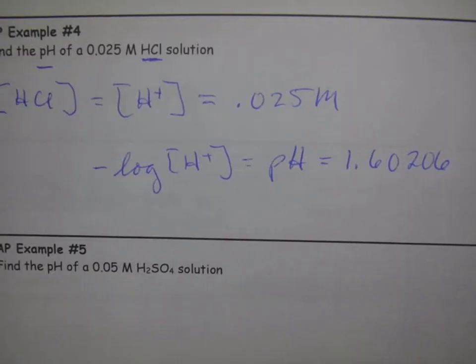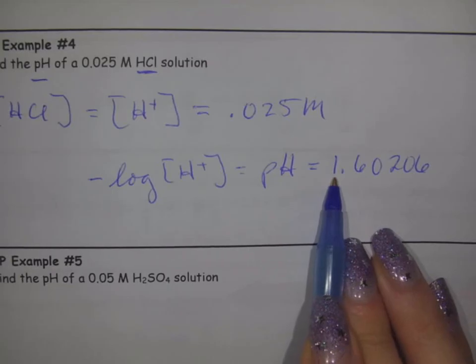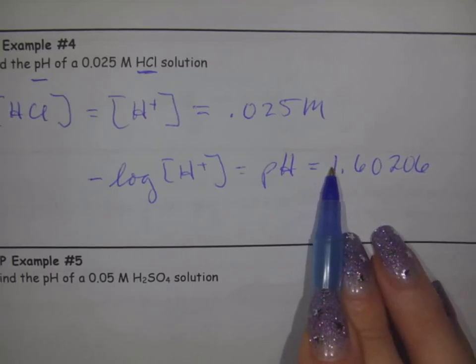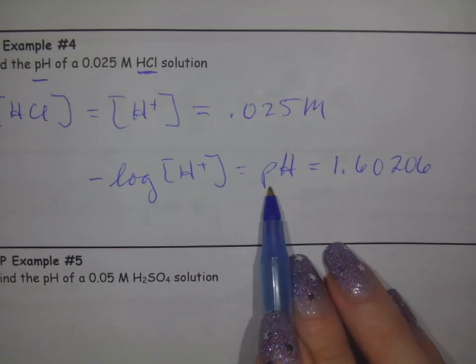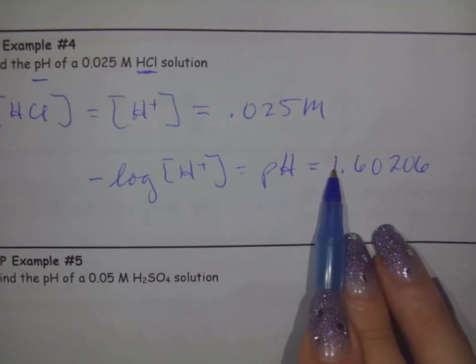Sig figs are really, really weird with log values. So this is what I need you to know. The leading digit on a pH value is not significant. I know, that's so crazy. Any P value, pOH, pH, pKa, anything that starts with P, the first digit is not significant.